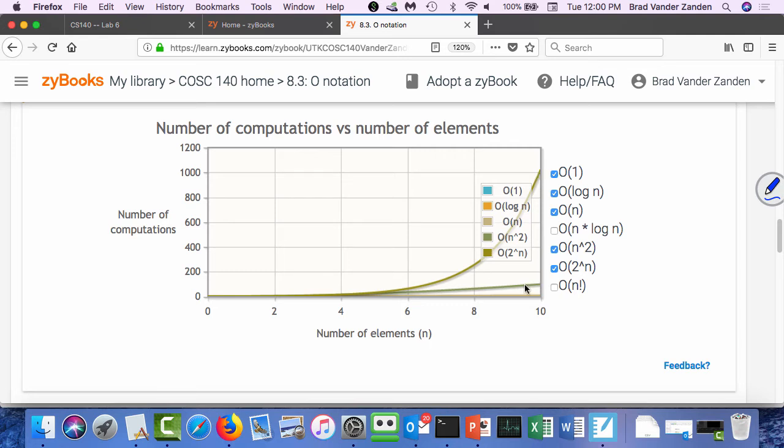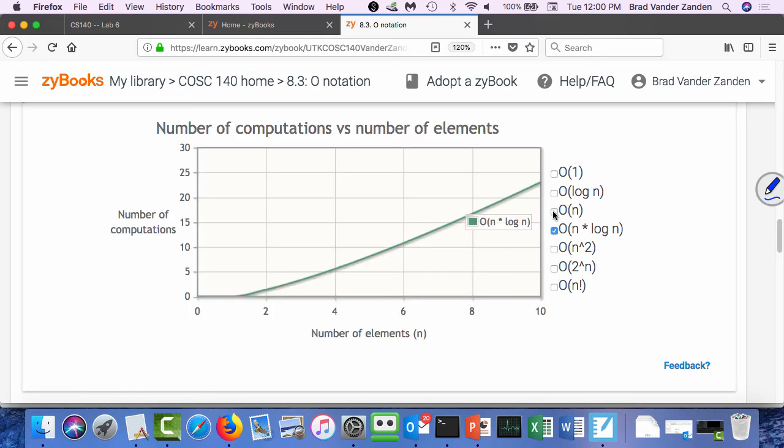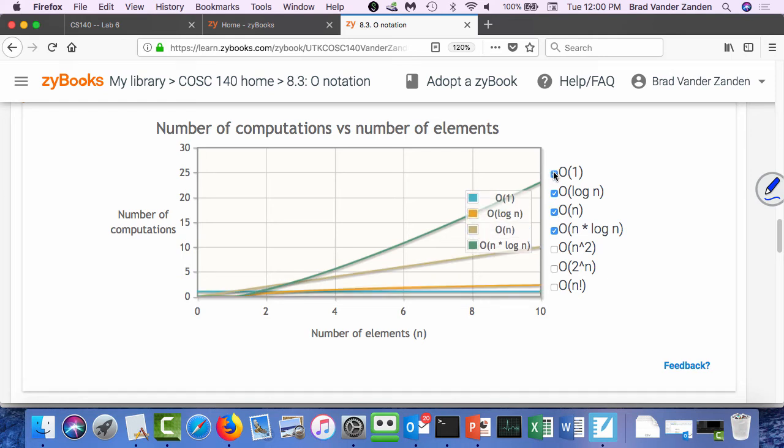The other things are flat because of how big order 2 to the n is. So it's just showing you that the graphs for anything bigger than n log n are going to be pretty bad. Okay, so we're always trying to find something better than n log n or better.